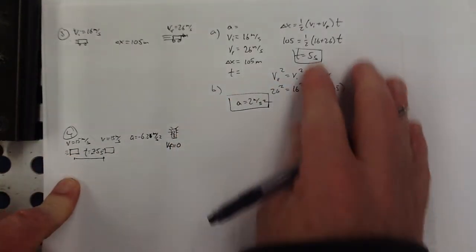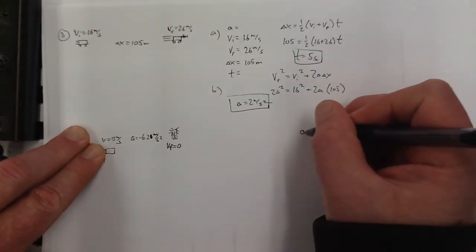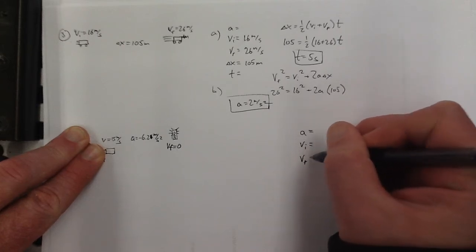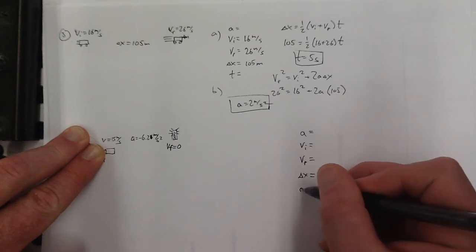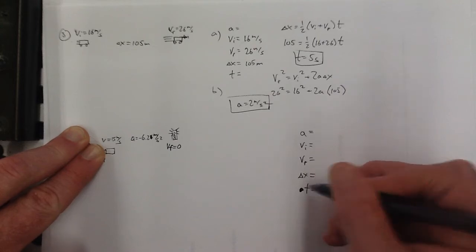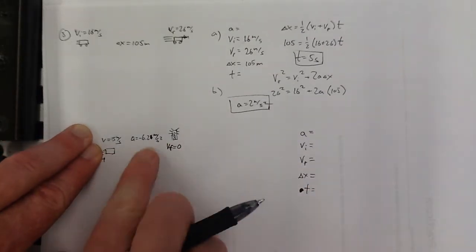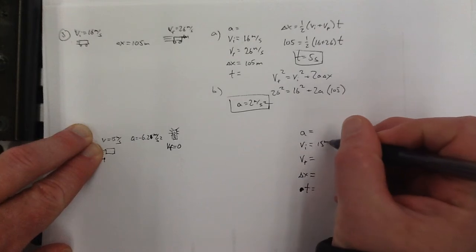Okay, so this part, we can do all that, right? Acceleration, initial velocity, final velocity, delta x, and the time. But that's only for this part, after the brakes are hit. So I can go ahead and fill that stuff in. My initial velocity would be 15.